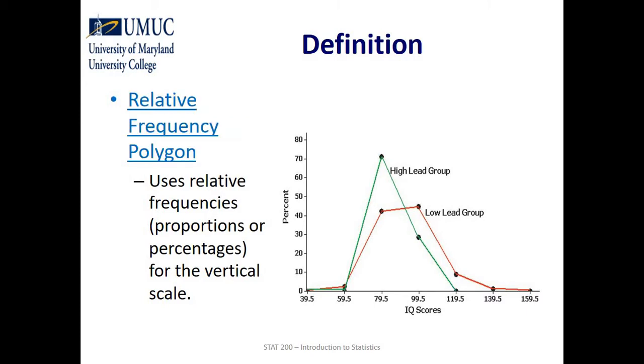The next one is the relative frequency polygon. This one uses relative frequencies. So our proportions where we divided by the total number of, in our case, the total number of kids in the low lead level group. Well, here we have the high lead level group included as well. And so these are the percentages here. So that's this graph.